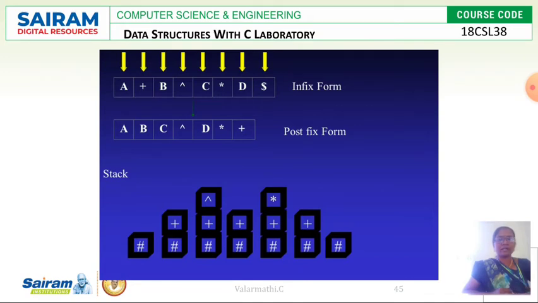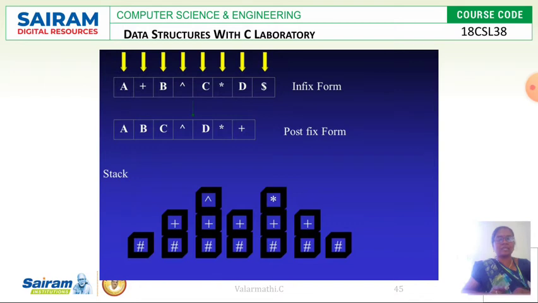Then what is the second character? Plus. Whenever an operator occurs, first it is compared with the operator present in the stack. According to this case, plus is the first operator, there is no previous operator stored in the stack, so directly it will be stored in the operator stack, right? There is no comparison needed. Why do we compare?